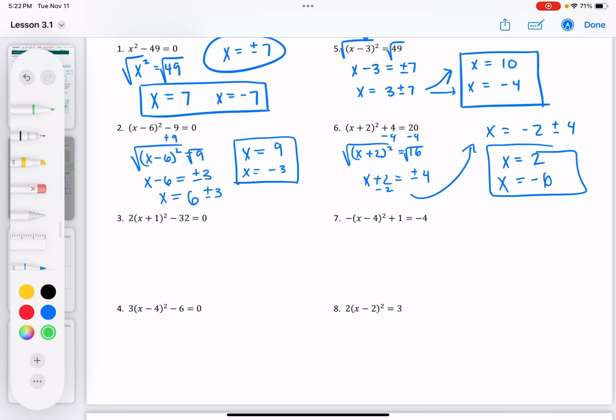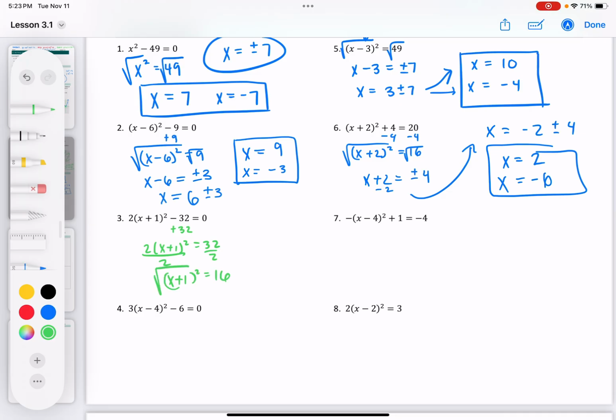Okay, so you should have already done those with your partner on your tables, so we'll go ahead and finish them up. So first step on number 3 is to add 32 over. We get 2 times x plus 1 squared equals 32. Before we can square root, we have to get rid of the 2. So we get x plus 1 squared equals 16.